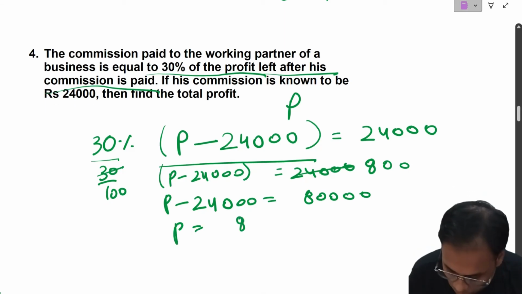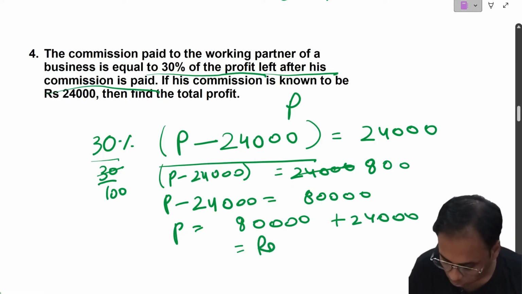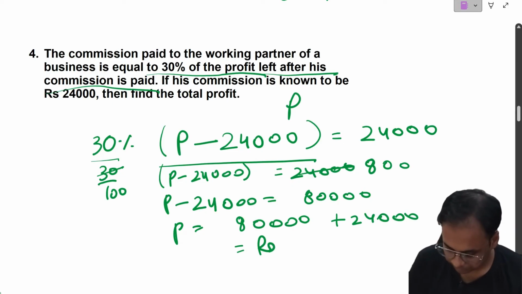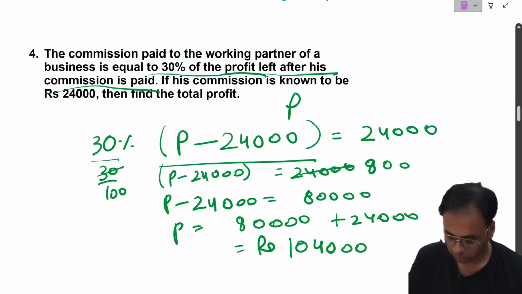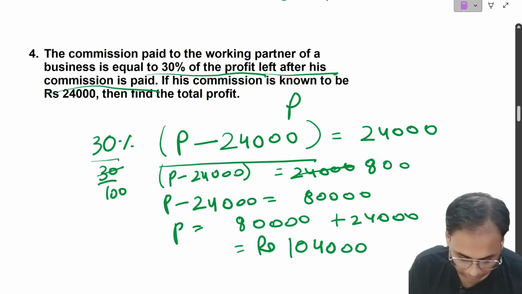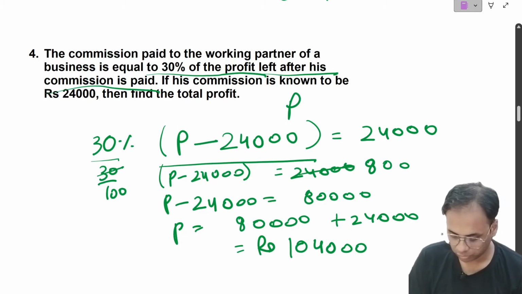So we have P equal to 80,000 plus 24,000. That comes out to be rupees 1,04,000. So this is the answer we have: rupees 1,04,000.